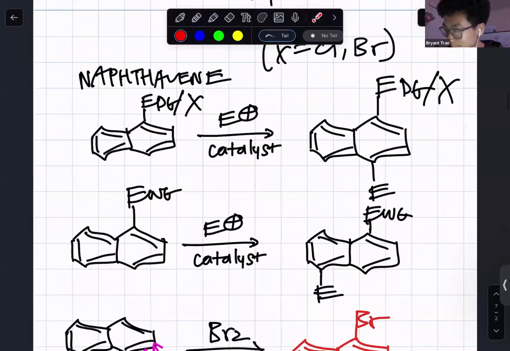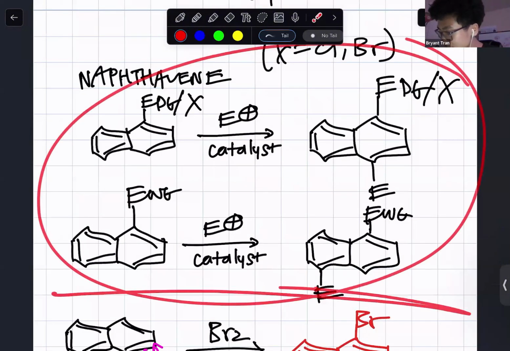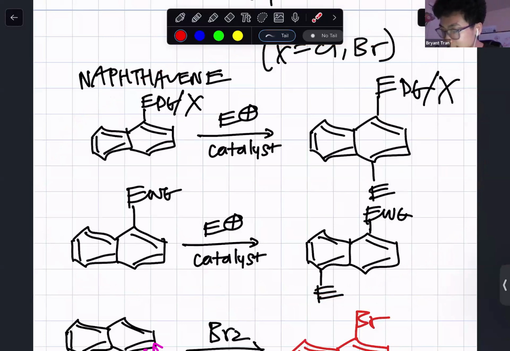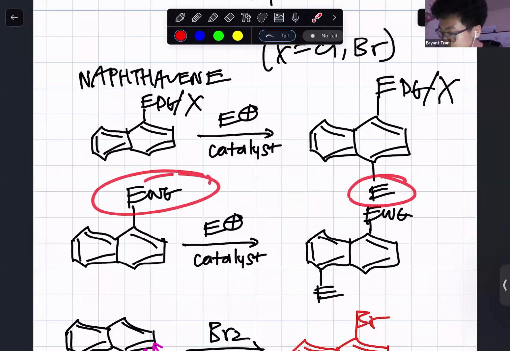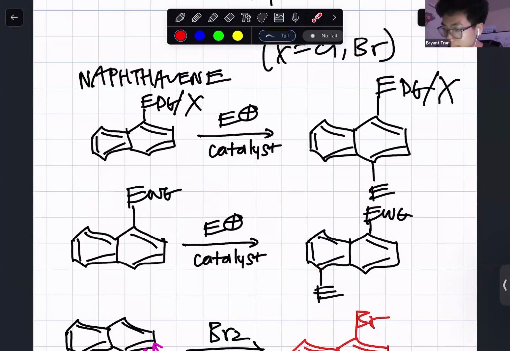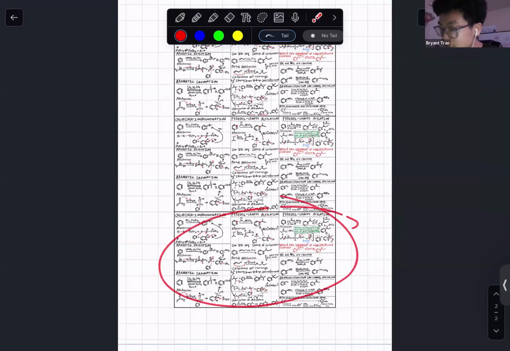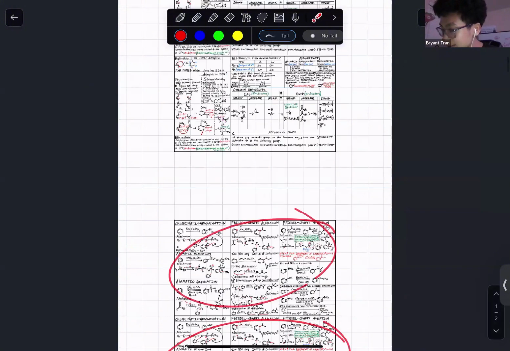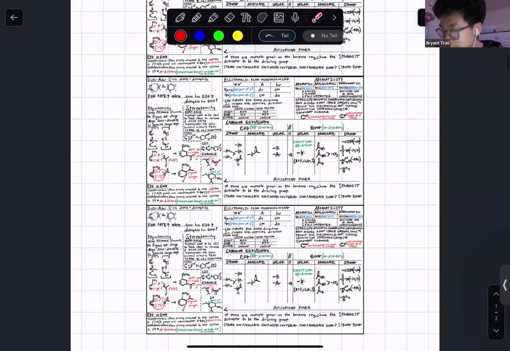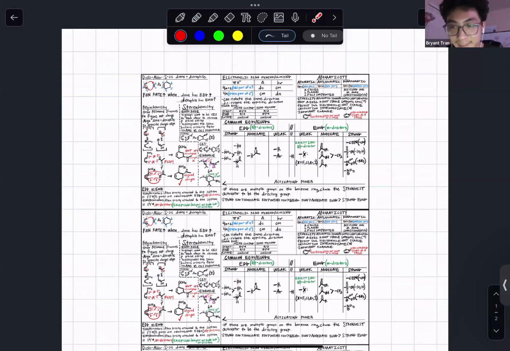It might not even show up. So just know the pattern: when you have an EDG or halogen, the electrophile is going to attach across from it. If you have an EWG, the electrophile is going to attach across from it, but on the other benzene ring. That's what you're probably going to get for naphthalene. But everything else is included in this note card: the reaction mechanisms, the reactions, Diels-Alder, and everything. So you could print it out and everything should be there.